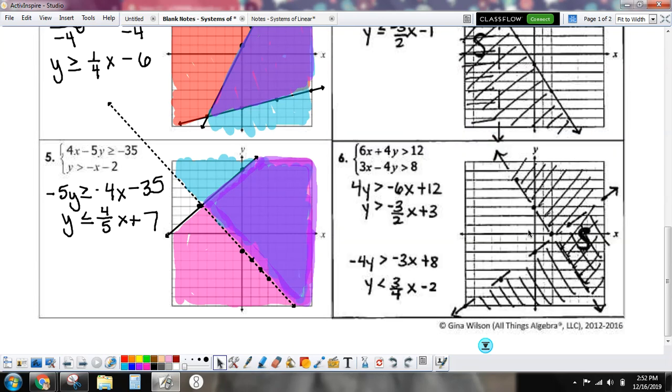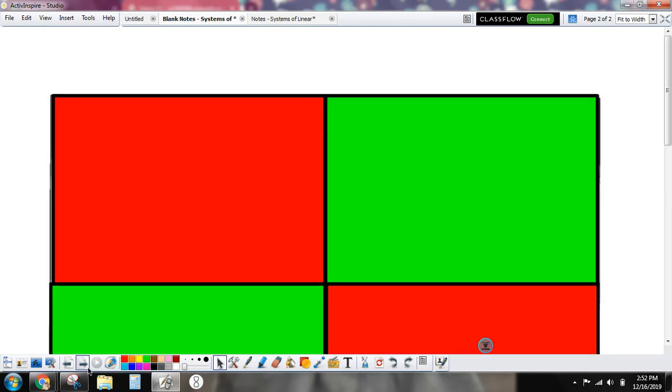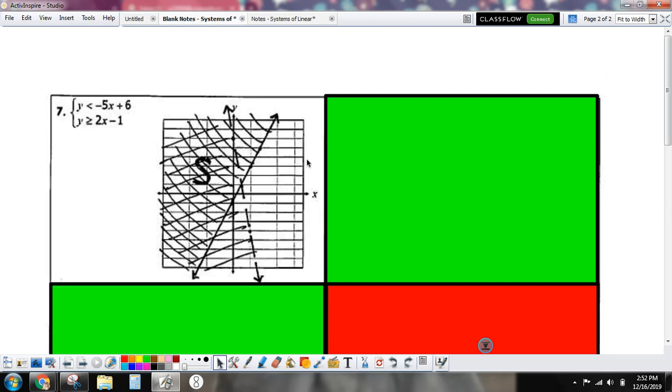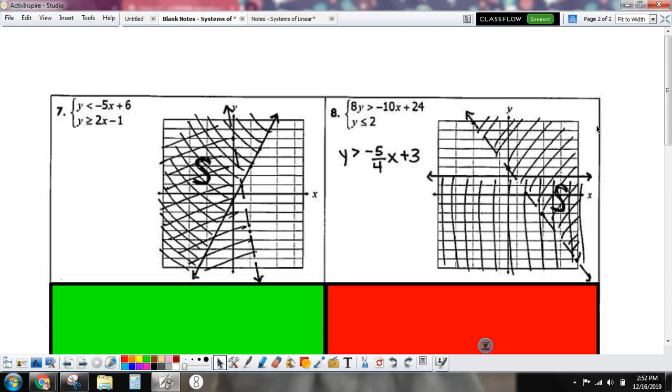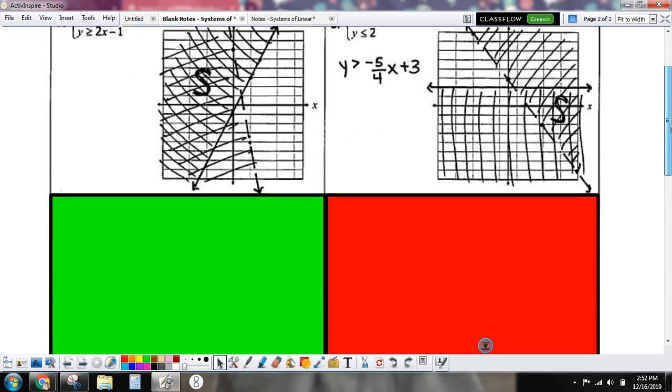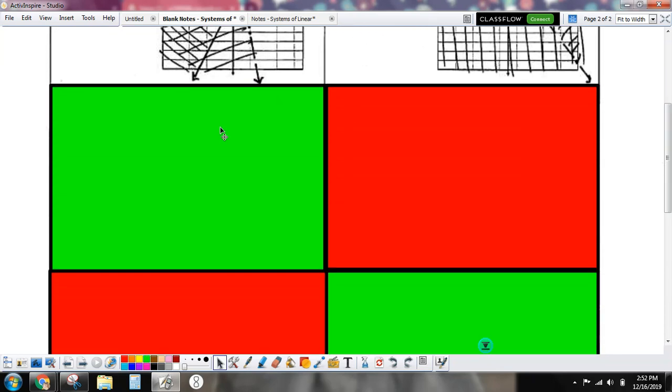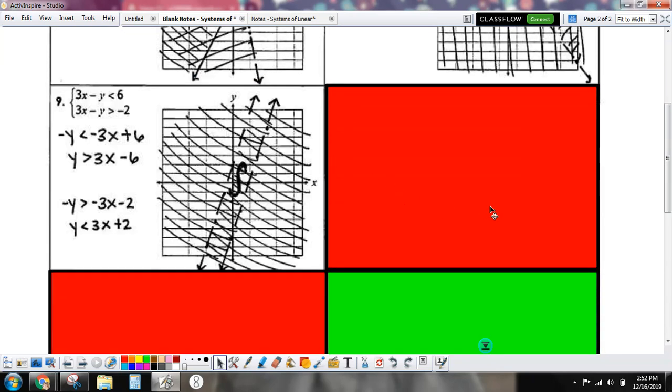For number 6, you should have gotten this. Your solution set should be right here. Try 7. For 7, your graph should look like this. Try 8. For 8, your graph should look like this. Try 9. For 9, your graph should look like this.